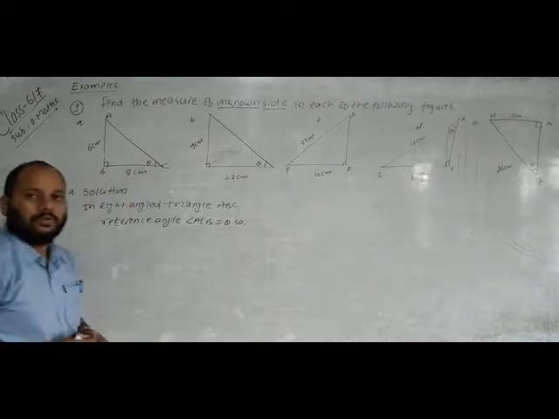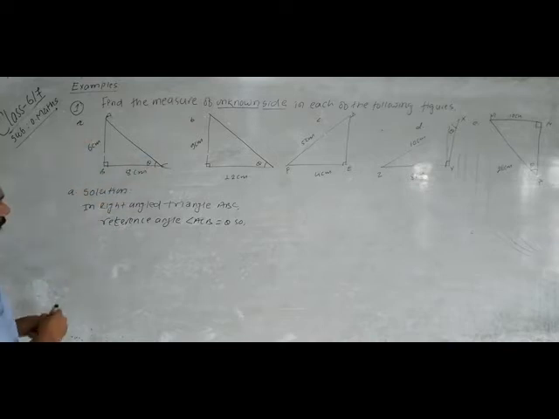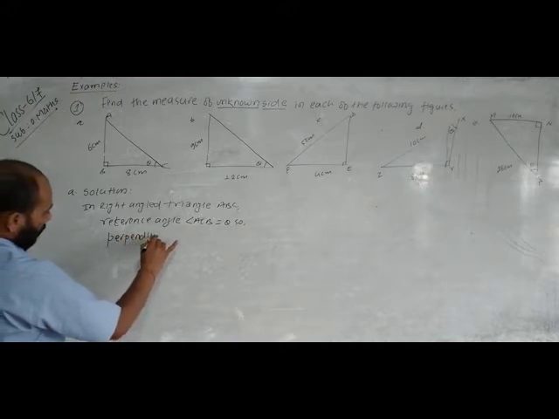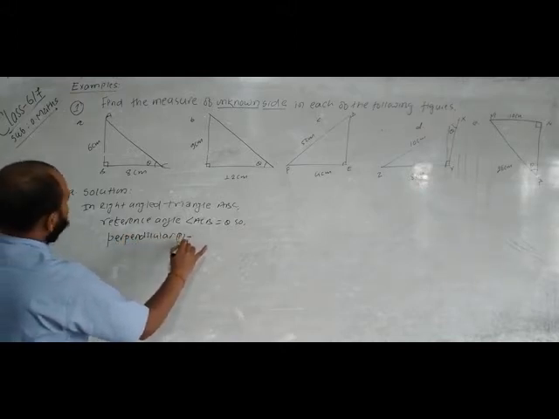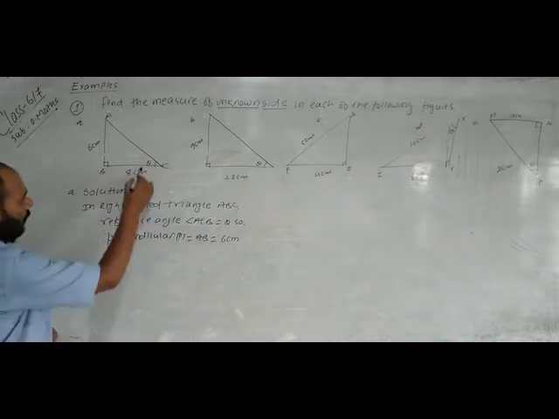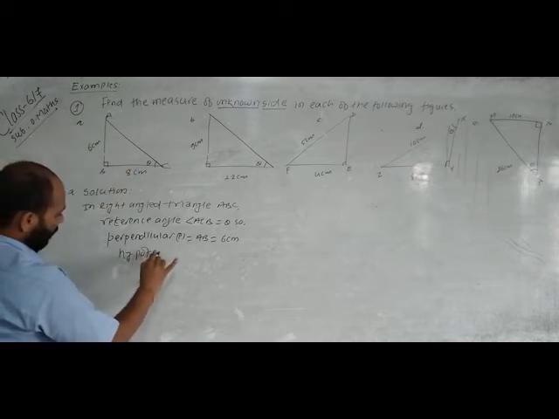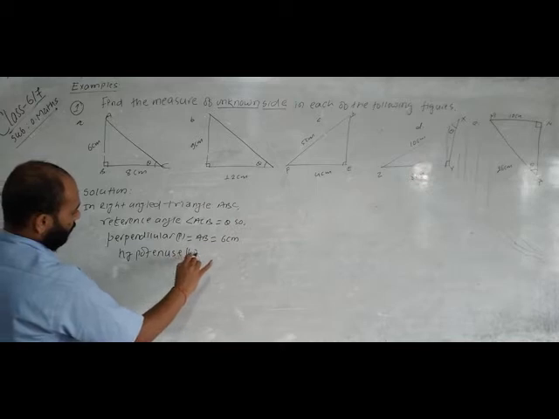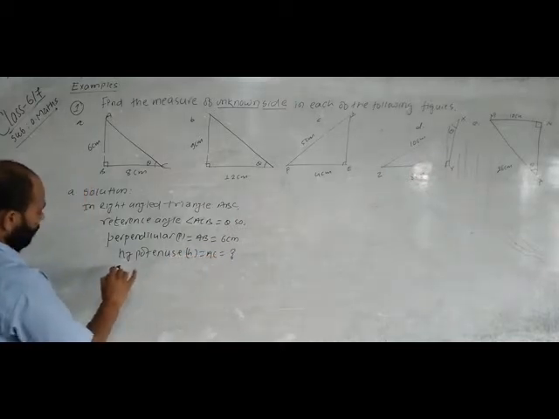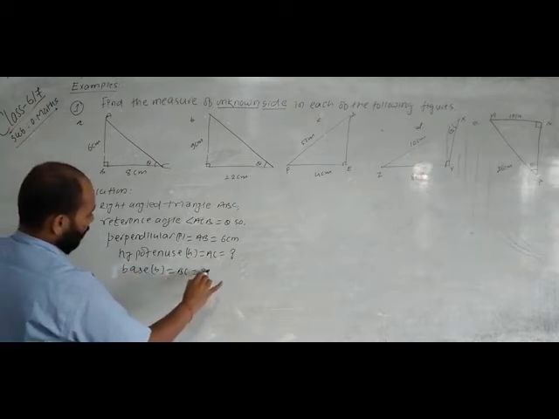When we have given the reference angle, then its opposite side is the perpendicular. So perpendicular P is equal to AB, which is equal to 6 cm, and hypotenuse H is equal to AC, which is equal to what, and base B is equal to BC, which is equal to 8 cm.